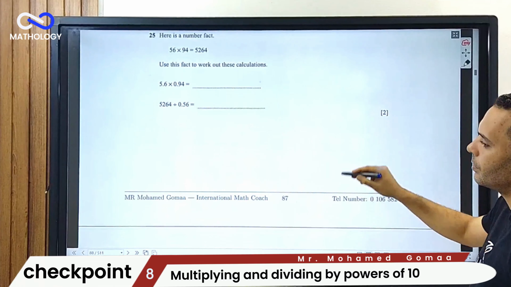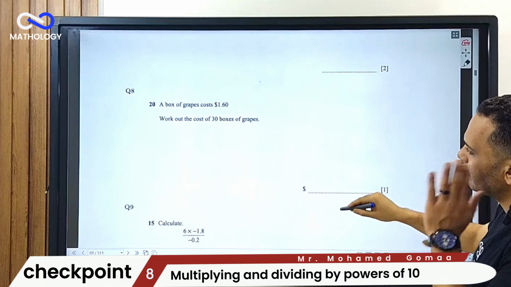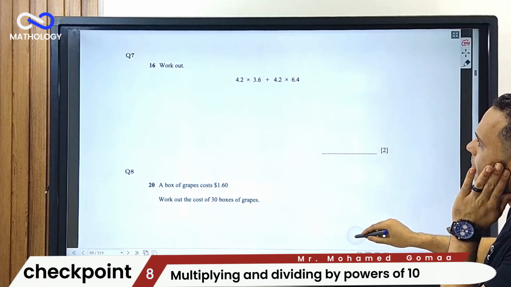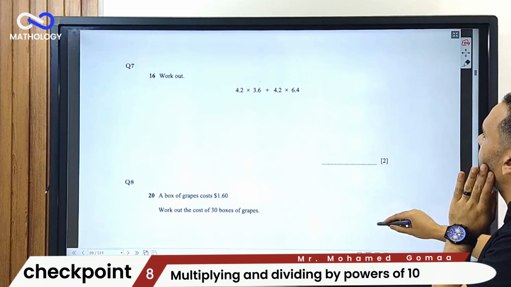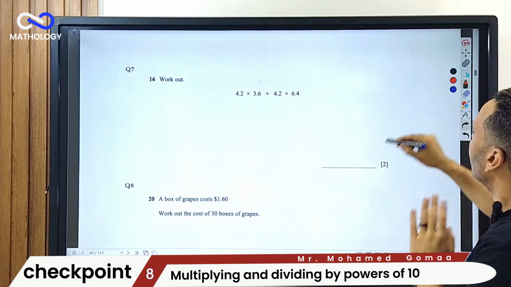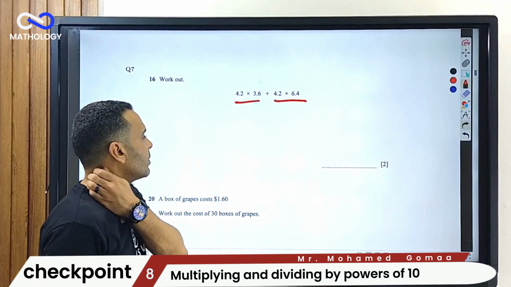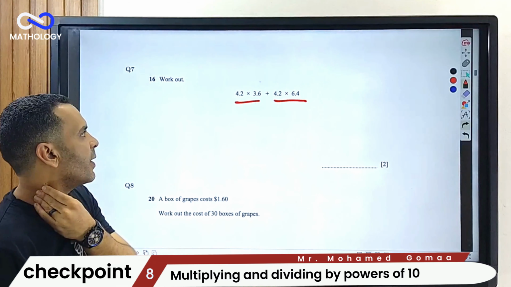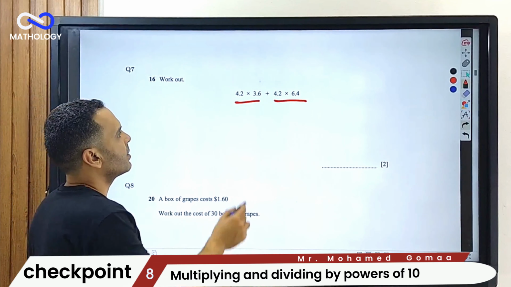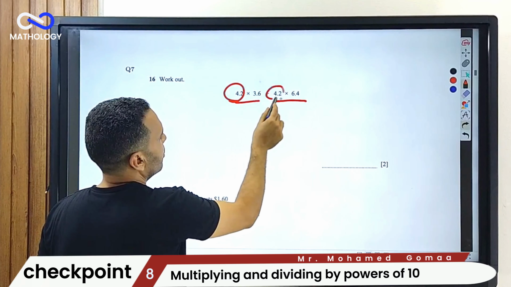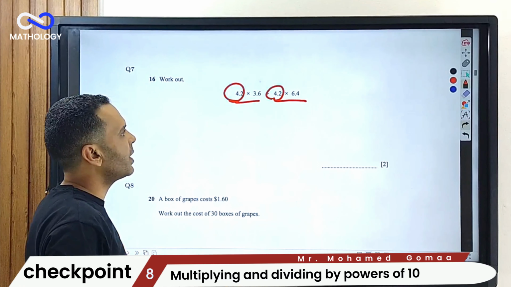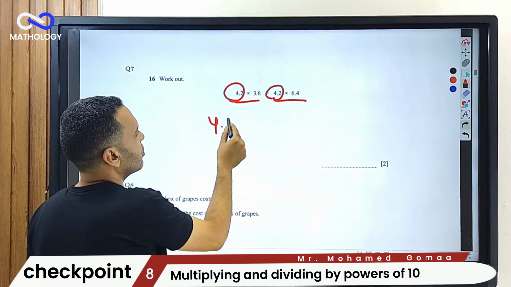Another question. We have here a multiplication operation and a multiplication operation with a common factor. Notice that we have 4.2 in the two multiplication operations, so we can factor out.